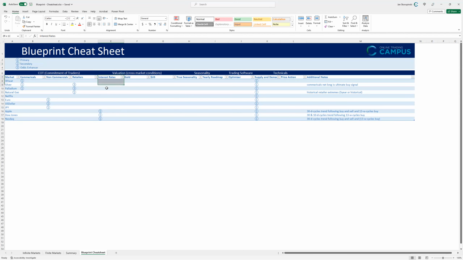Because now interest rates or valuation could now be, as we look at gold, for example, a secondary setup tool for palladium, right? So we can look at the commercials, but we can also look at gold as a cross-market condition to value palladium.